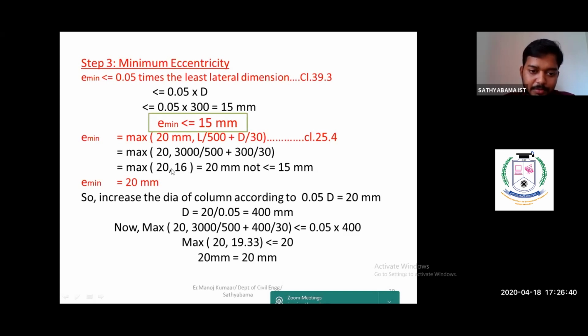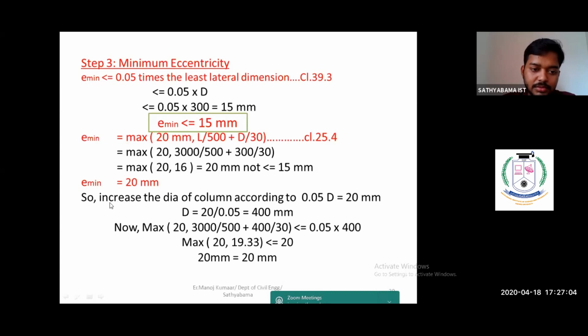Now, which is maximum out of these two? 20. So minimum eccentricity is 20, but it is not satisfying the condition E minimum less than or equal to 15. So we have to revise the dimension of the column so that our minimum eccentricity is coming 15 mm.